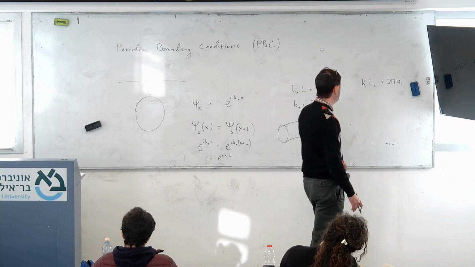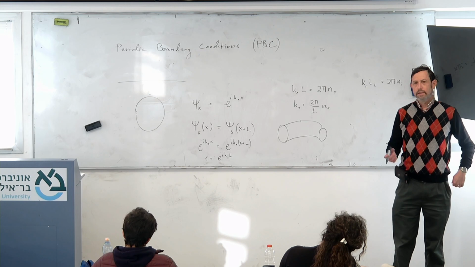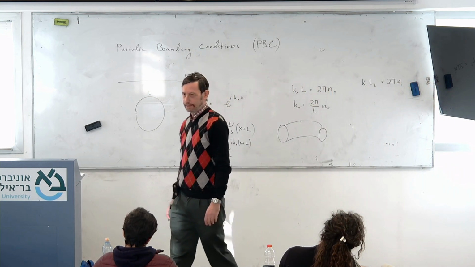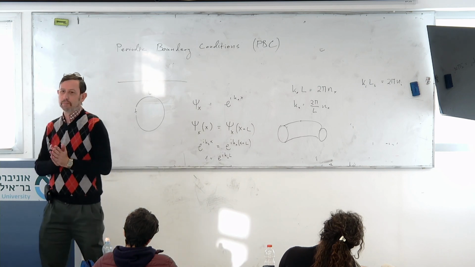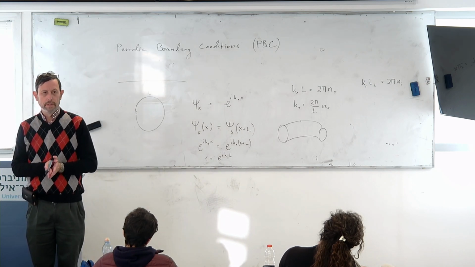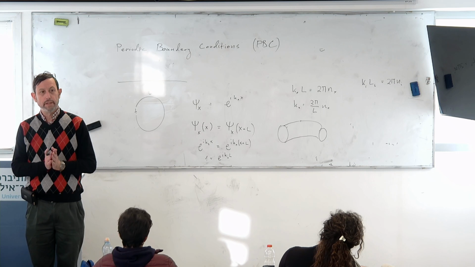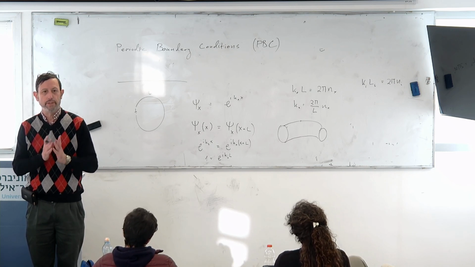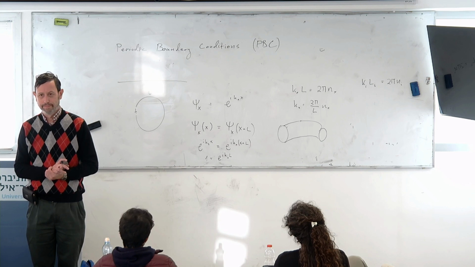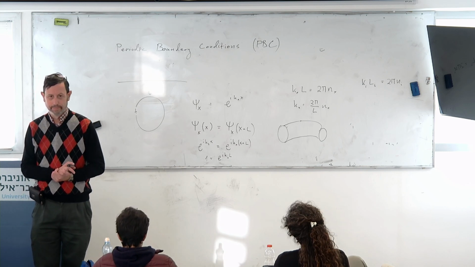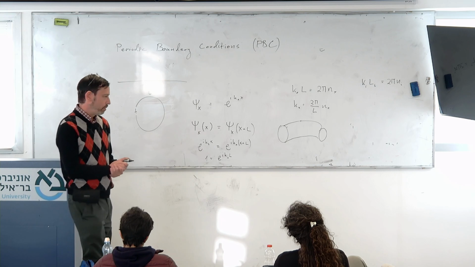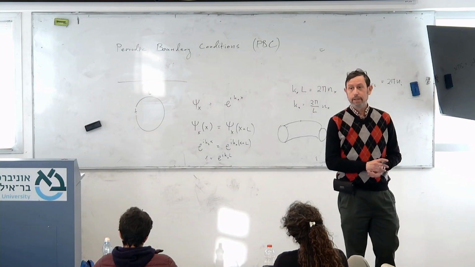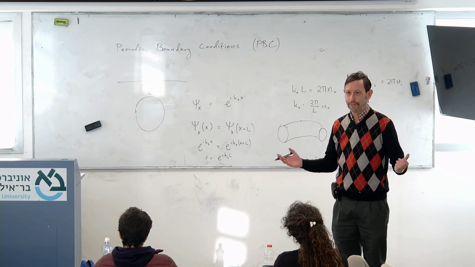Now, what does it mean? It basically means that the fact that I have this closure requires me to have discrete values of k. Otherwise, I can't write down a meaningful wave function for this system. And if you want to use high language, it tells you something about the topology of the system.